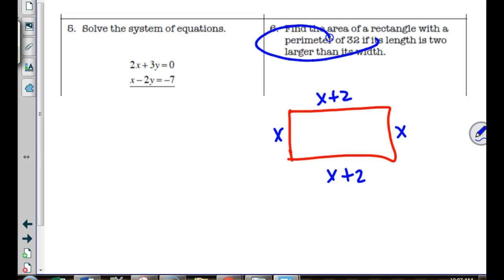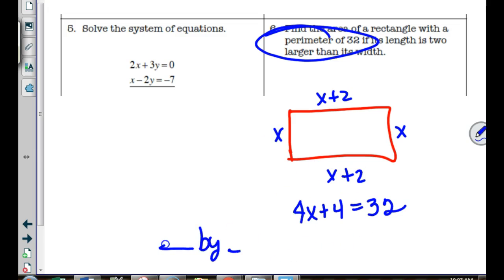The perimeter is 32, so how can we write an equation now? Perimeter means you do what? Add them all up, which gives me, okay? And then when you're done, you got to plug the answers in so that you tell me the dimension. Oh, no, you don't. You're supposed to find the area.